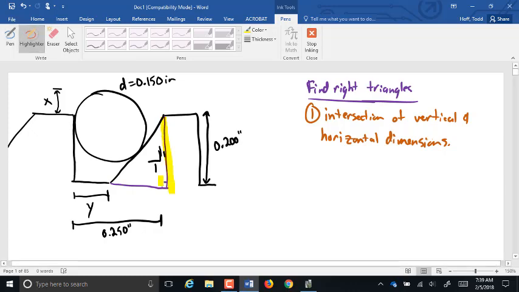We have a vertical dimension and a horizontal dimension. Where their intersection is, there's going to be a right angle there. The second thing we look for is the radius of a circle to a tangent.